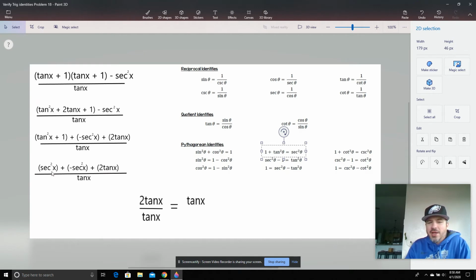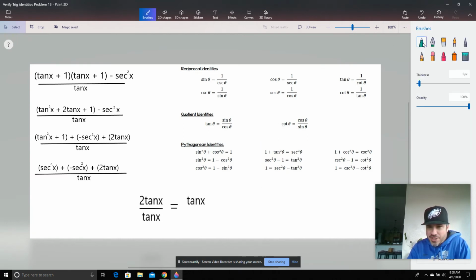Then we're going to get secant and secant squared wiping each other out. And you're going to end up with only 2 tan of x on the top and a tan of x on the bottom, right? Which then, since we are simplifying over multiplication now, we can just go ahead and cancel this. And we can say, hey, 2 tans divided by 1 tan ends up with just the 1 tangent, okay?